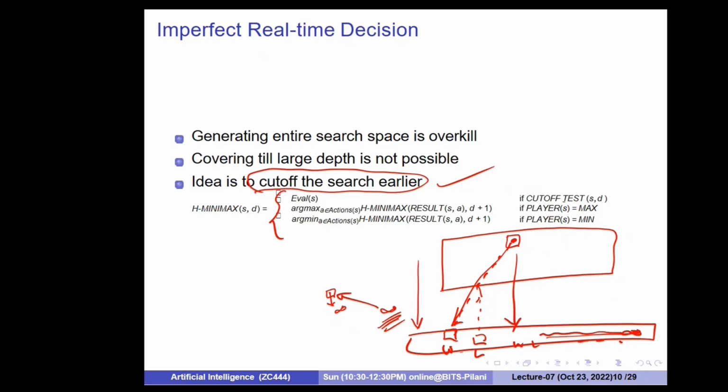One solution is you stop at this particular depth. You don't go beyond this particular depth. Okay. So you can use iterative deepening kind of thing. You can say that I would go to a particular depth D only.